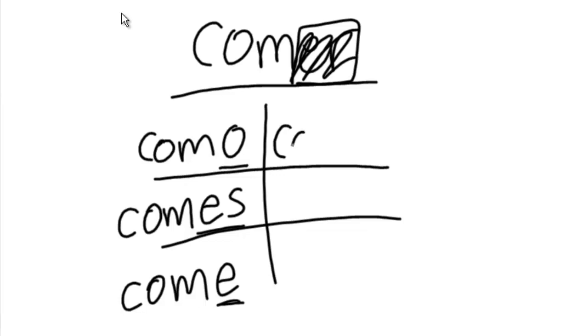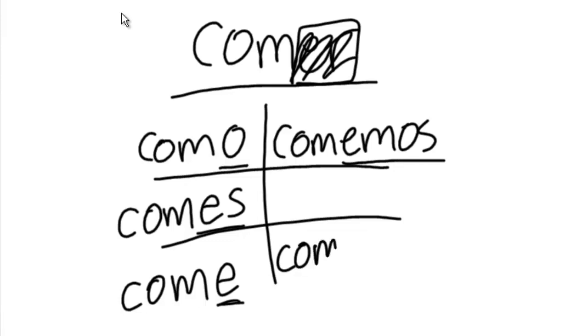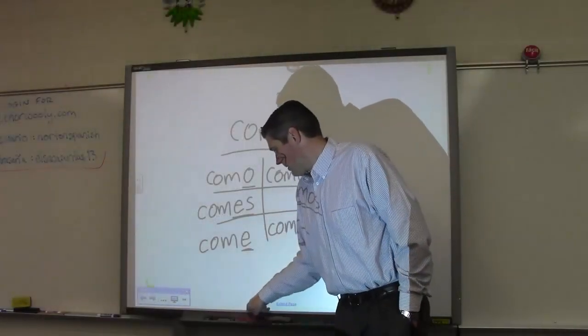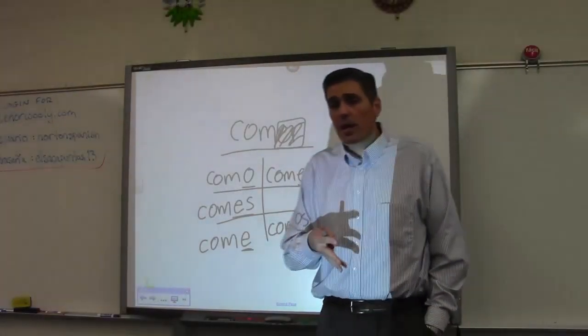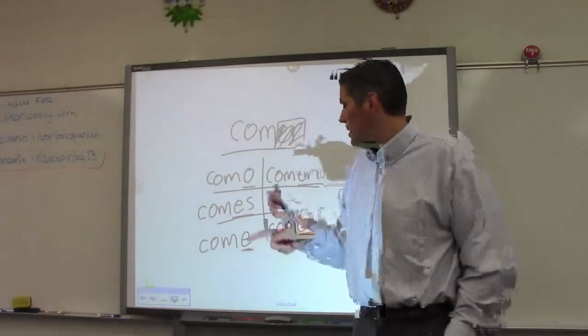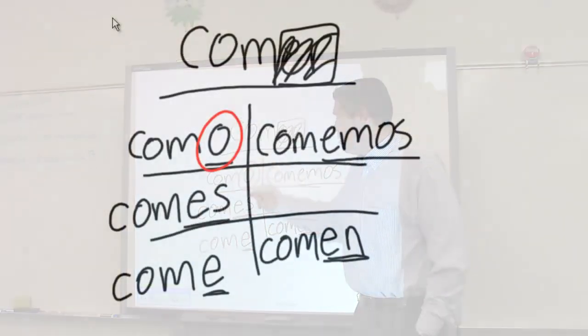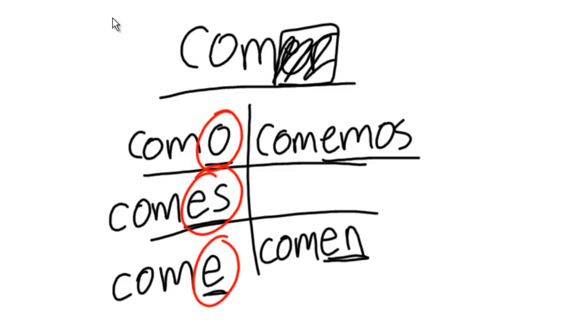We eat. Nosotros comemos. Emos is our ending. And they eat, or you guys eat. Ustedes, ellos, ellas, comen. Okay? So just like with the AR verbs, we had o, as, a, amos, an. With ER verbs, we have o, es, e, emos, en.